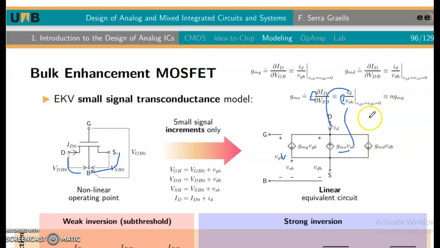In this condition, VGB and VDB are 0, then what will happen?